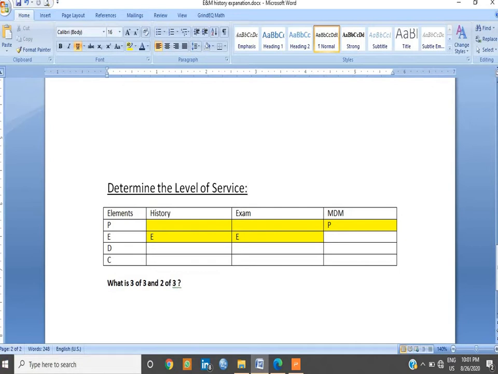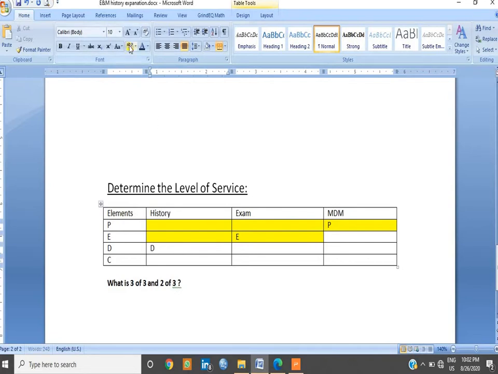I've written the initial alphabets: P as in problem focused, E as in expanded problem focused, D as in detailed, C as in comprehensive. Here we have history, exam, MDM. We have detailed history, so not E, I would say here D.